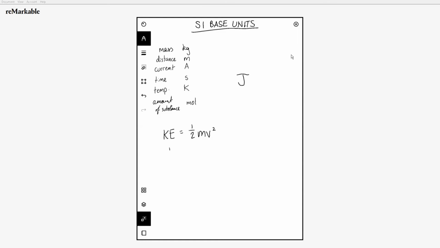So we know that this is going to be measured in joules, so I tend to write it out like an equation still. We don't need to worry about any numerical values. Numerical values don't have units, so the half doesn't need to be included. Mass is measured in kilograms, and velocity is measured in meters per second, so that's all squared.